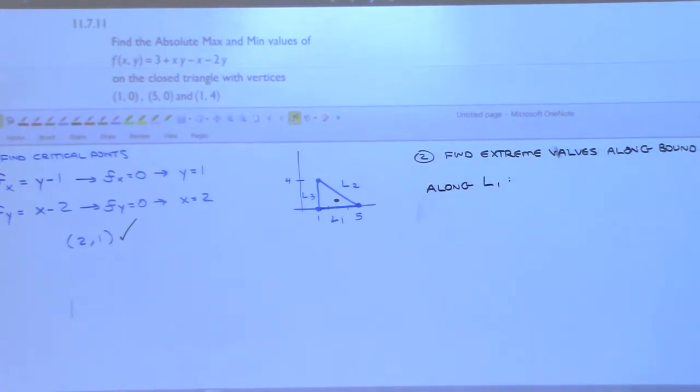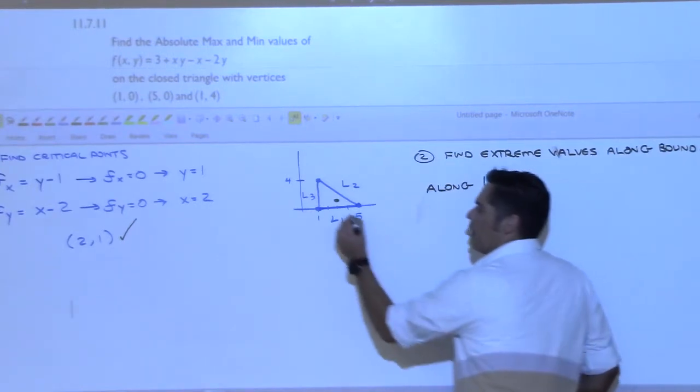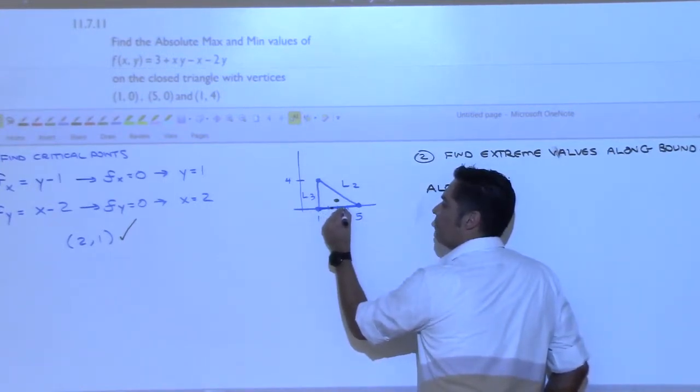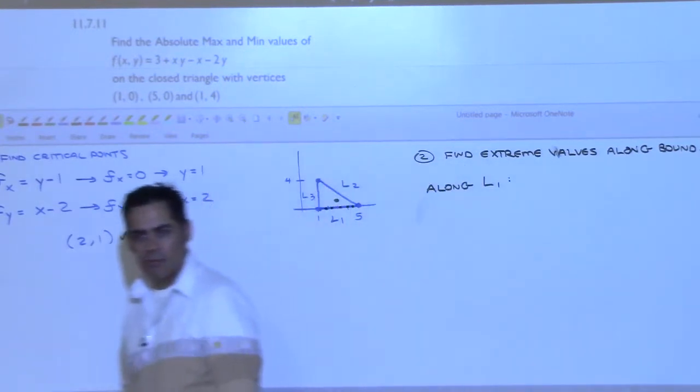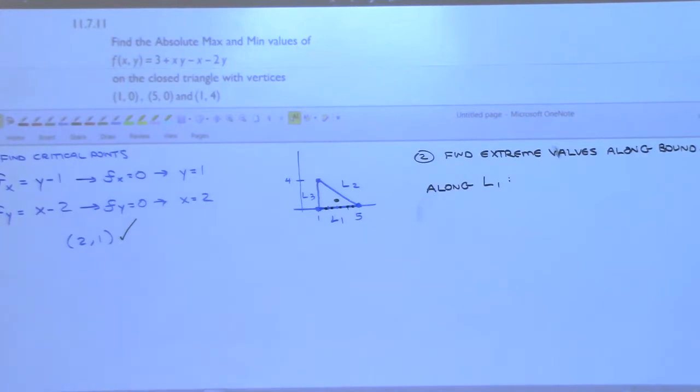All right, so tell me something about L1. If you are a point anywhere along L1, there's something very unique about you. What is unique about any point that lives on L1? You lie along the line y equals 0, right? So your y coordinate is always 0 there, isn't it?